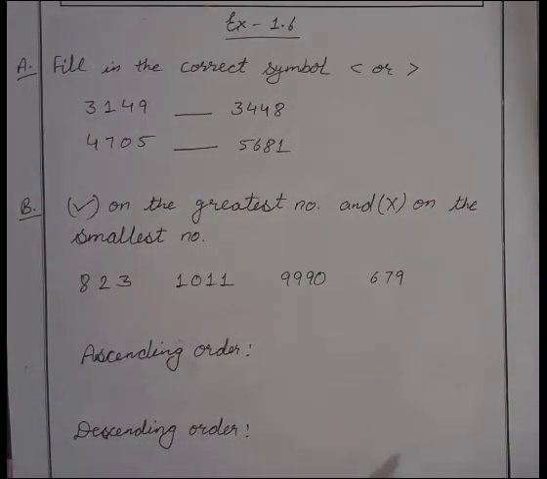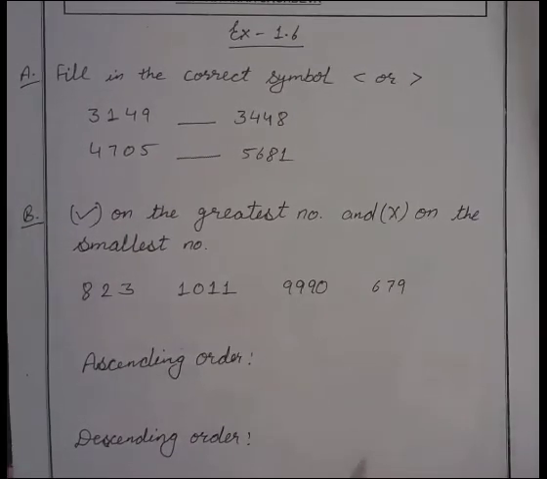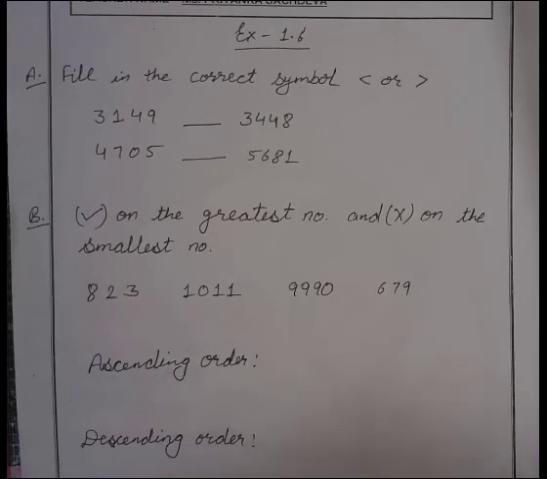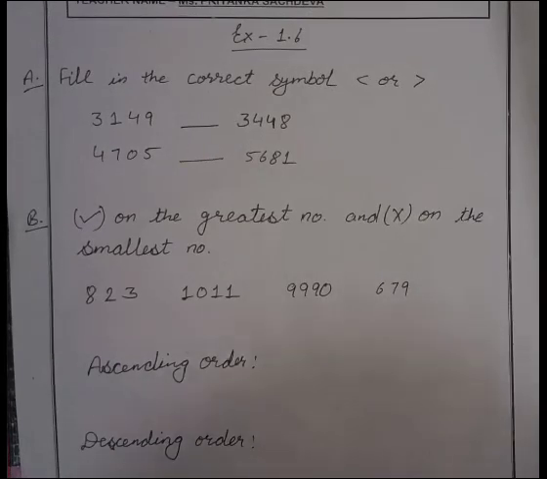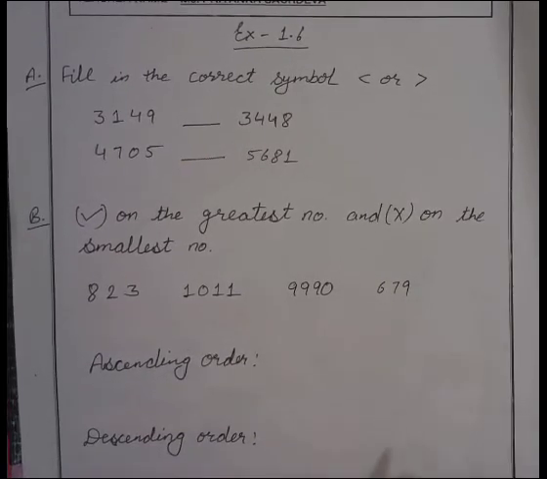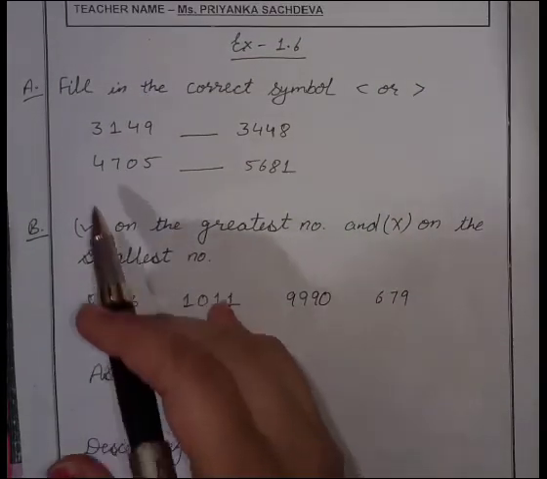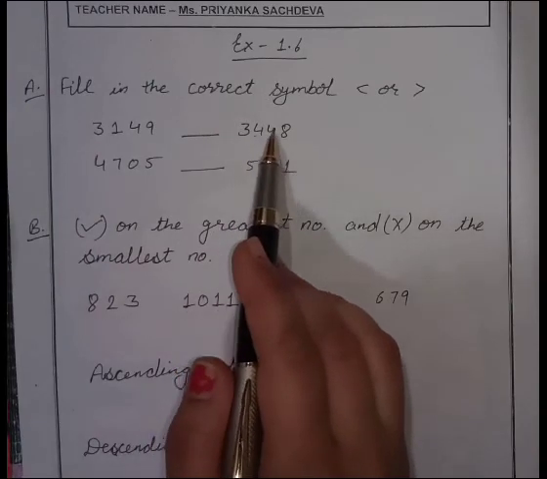Our first part is fill in the correct symbol with less or greater signs. हमें बताना है कौन सा बड़ा है और कौन सा छोटा है. For that, our first step is to count the number of digits. कितने digits हैं हमें वो count करना है. Count here 1 2 3 4, 1 2 3 4.